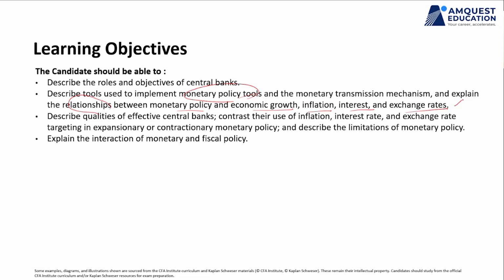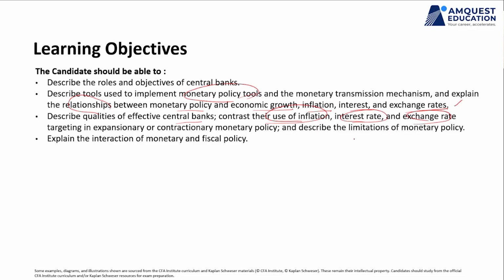So you have to understand how the policy will affect inflation, interest rate, and exchange rate. The dollar-Indian rupee rate is also impacted by the policy of the RBI. So we'll understand those aspects, and we look at the qualities of effective central banks. We look at how inflation, interest rate, and exchange rate are used in both expansionary and contractionary policy.